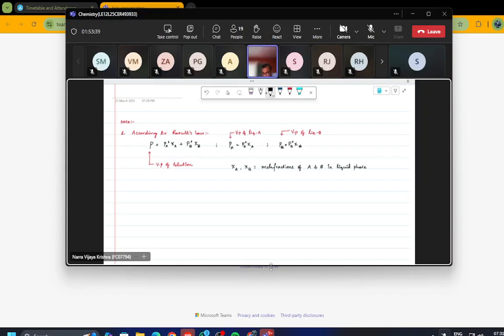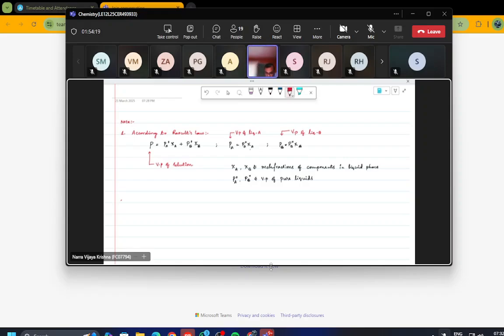What are PA naught, PB naught? They are vapor pressures of pure liquids. Correct? These are vapor pressures of pure liquids. Accepted or not, sir? Mole fractions of components in the liquid phase. Don't get confused. Any questions in it?